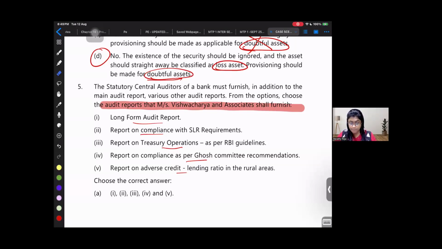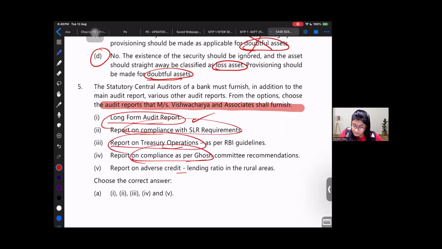In class, I have very specifically said LFAR is there, to RBI. Long form report is there. SLR report is also there. Treasury operation is there. Ghosh committee report is also there. It is adverse credit, not lending ratio. It is deposit ratio.